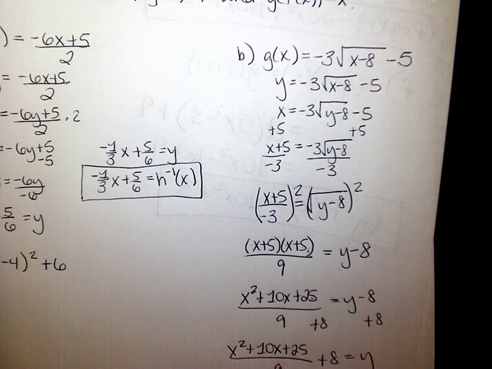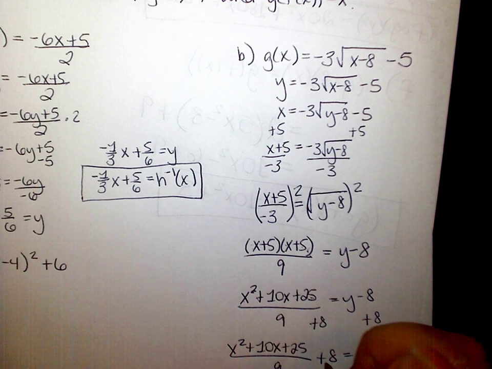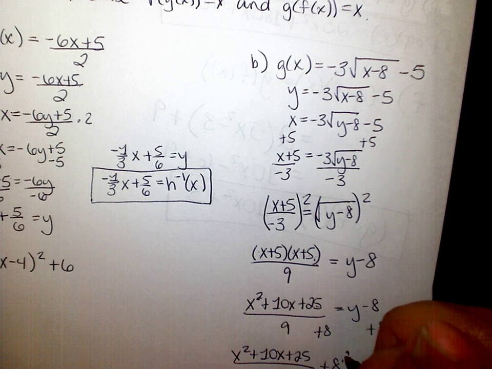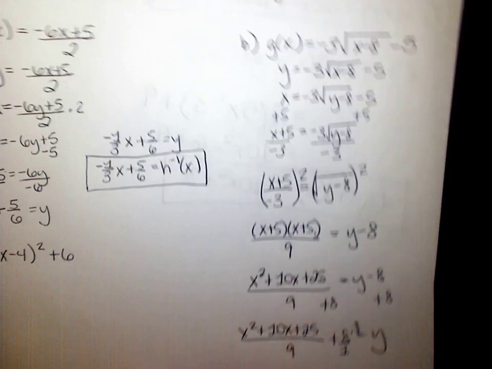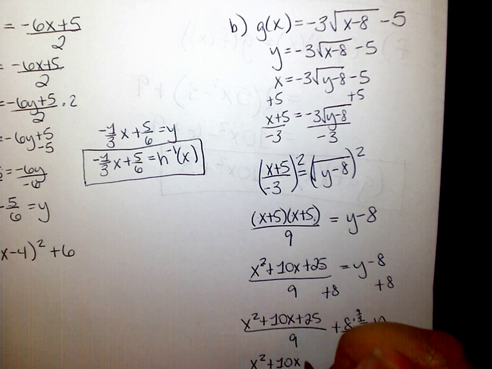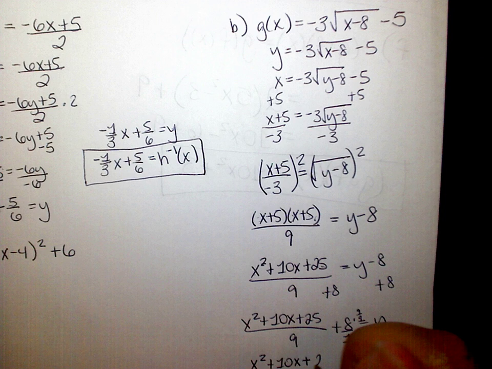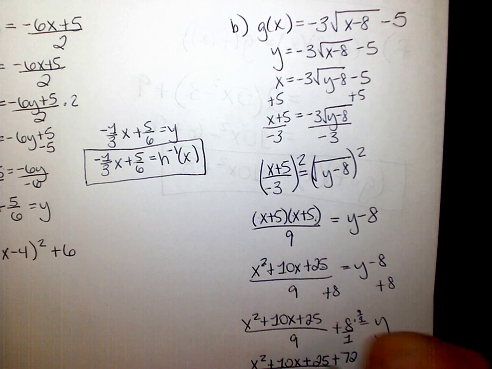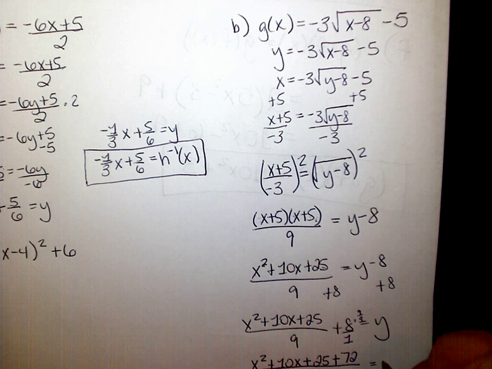To get everything with a denominator of 9, I'm just going to multiply 8 by 9 over 9. So then we'll get x squared plus 10x plus 25 plus 72 over 9 equals y.